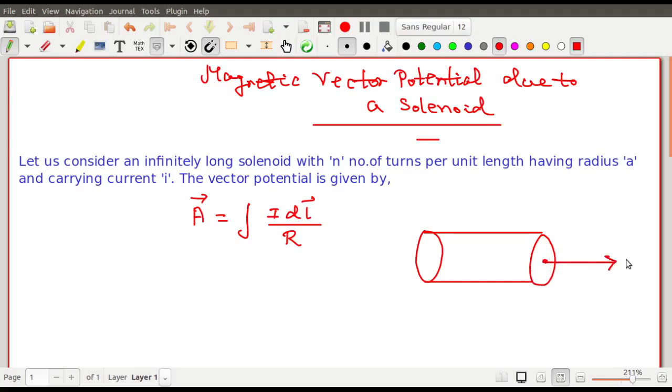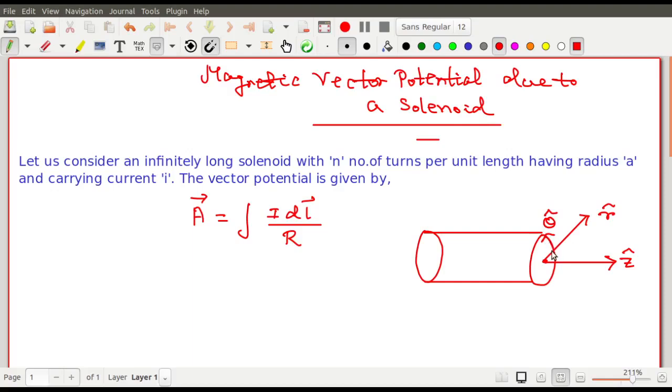So this side you will have the z cap, along the radius you have the r cap or rho cap, you may write r cap or rho cap, suppose I write r cap, and along this direction you have the theta cap, right?